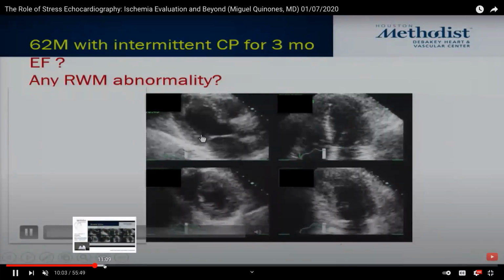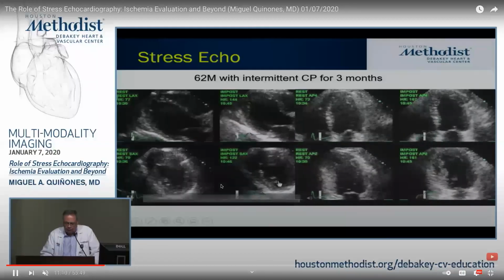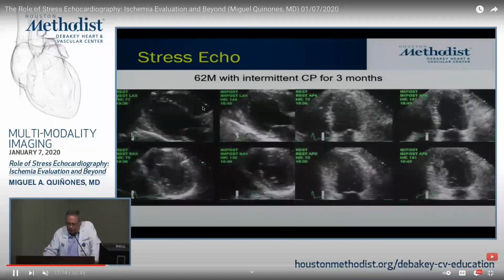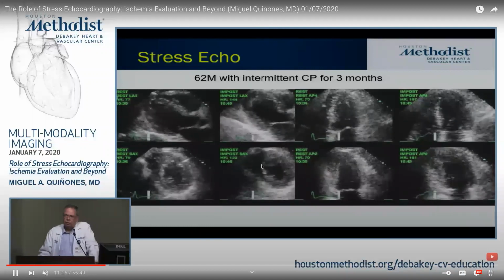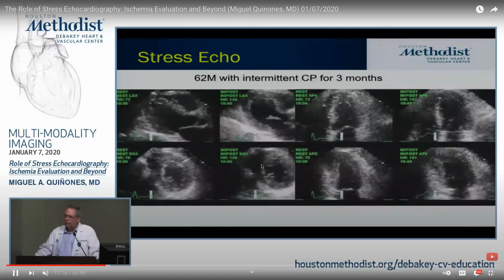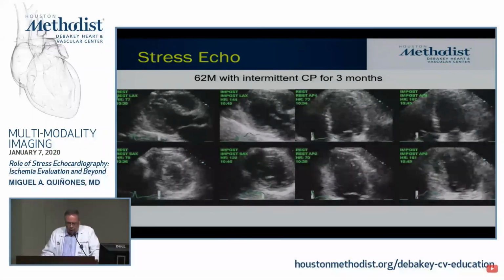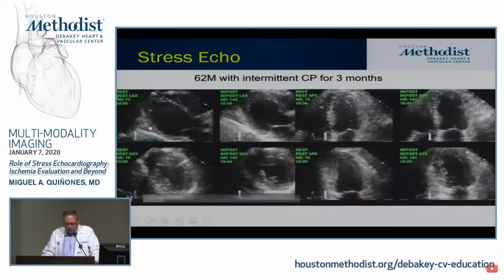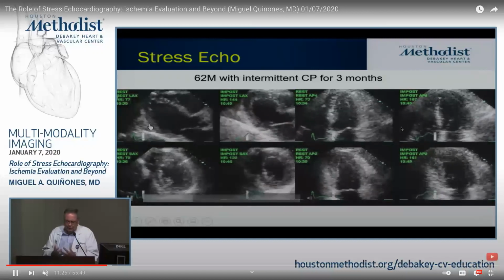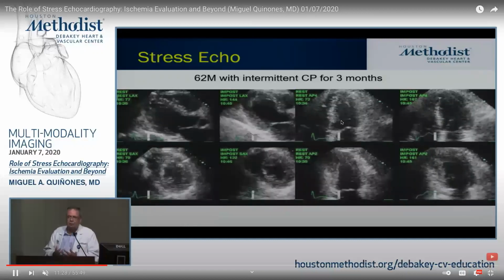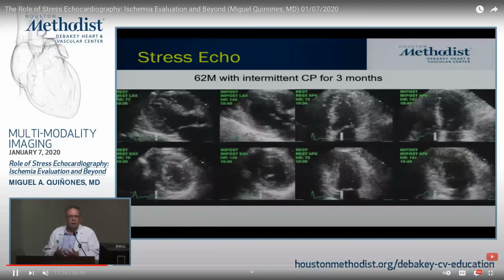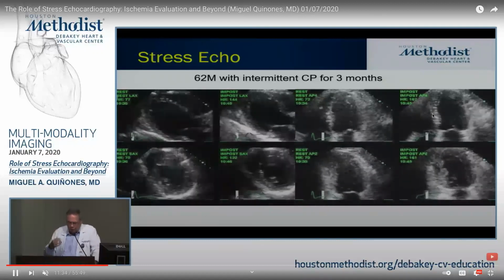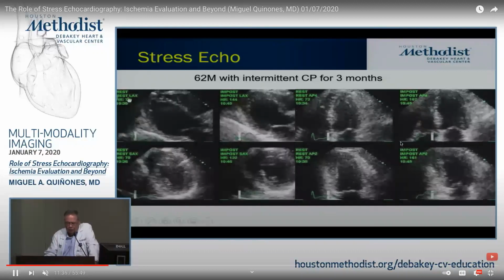What we can do then is compare those images that we just saw. It turns out that these images were obtained after the patient got off a bike, and then they imaged the heart. So this patient was on a bike riding. And when you compare this to what the patient looks like at rest, you can see there's a lot more contraction occurring on this side specifically than here.